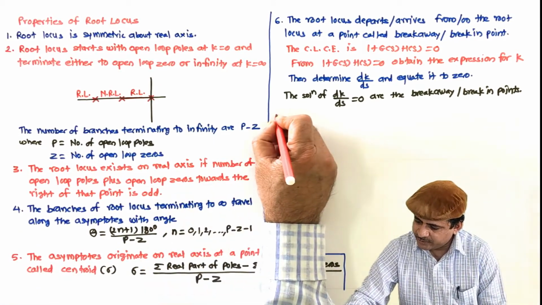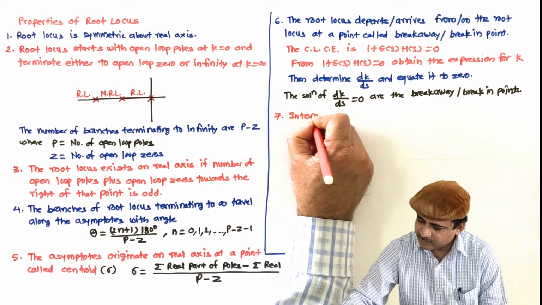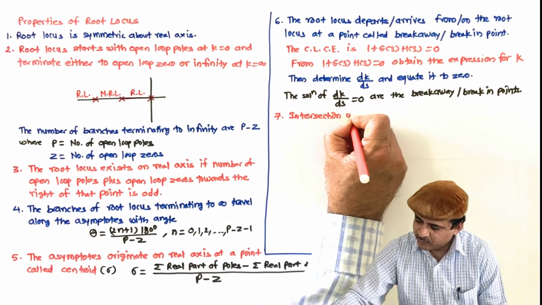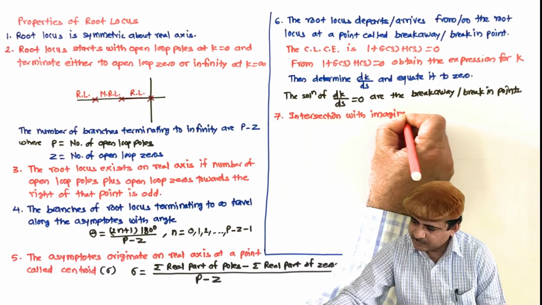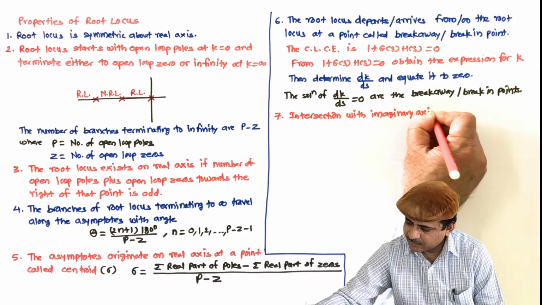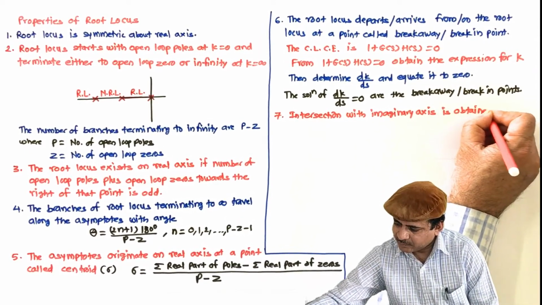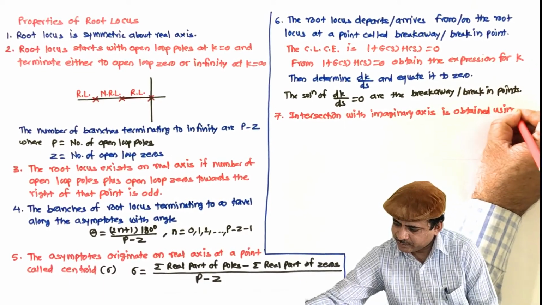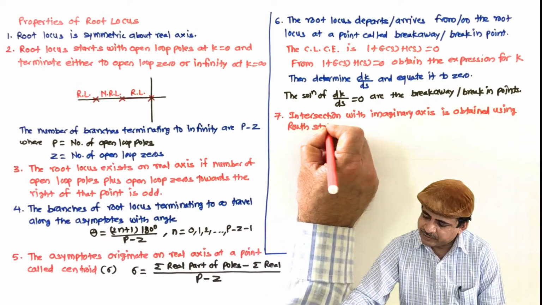So the next property is: intersection with imaginary axis is obtained using Routh stability test.